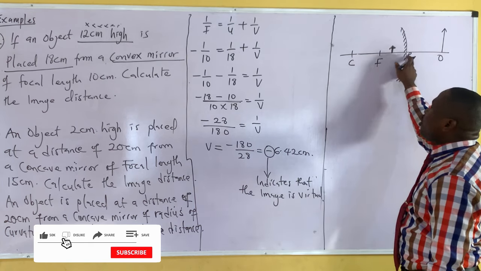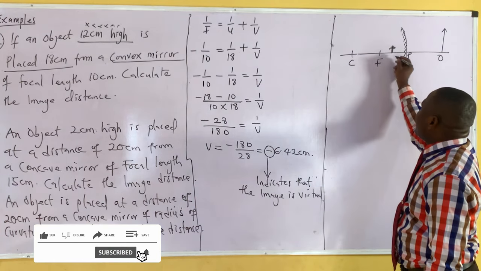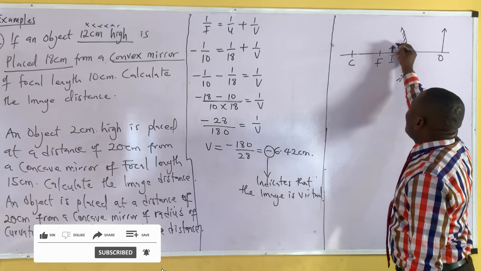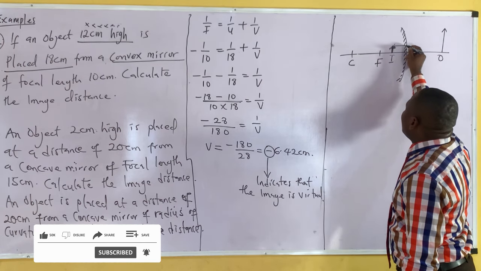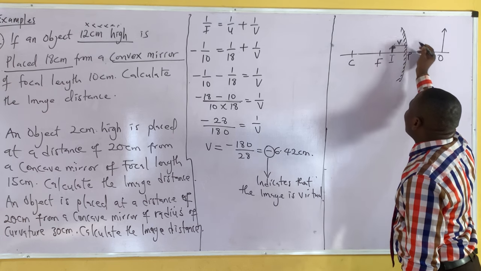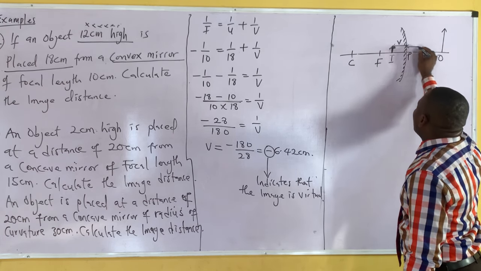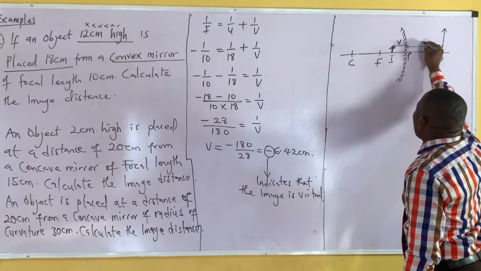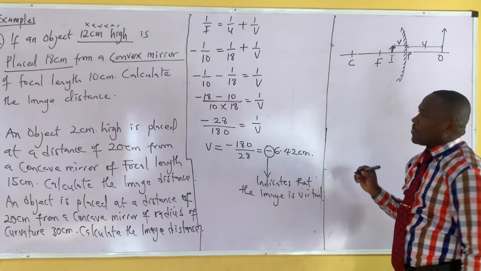And the image is always between F and P. So this is my image. From this point to this mirror is our image distance, which is V. From this mirror to the object is our object distance, which is U.